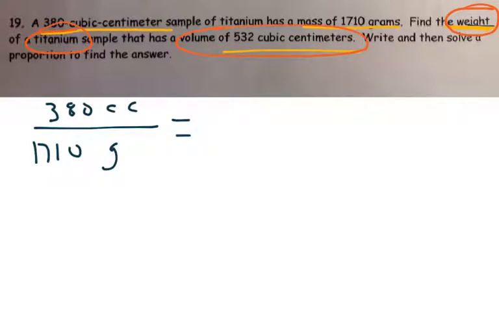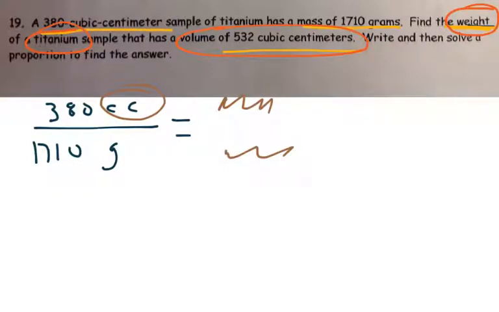Now here's a key point, guys. Where does that 532 cc's belong? Does it, for example, belong in the numerator? Or will it belong in the denominator of my next ratio? Well, notice I set up the ratio with cc's, cubic centimeters, in the numerator, right?